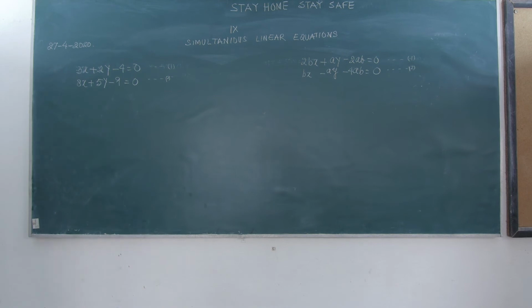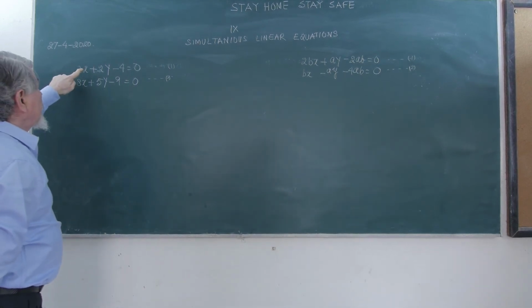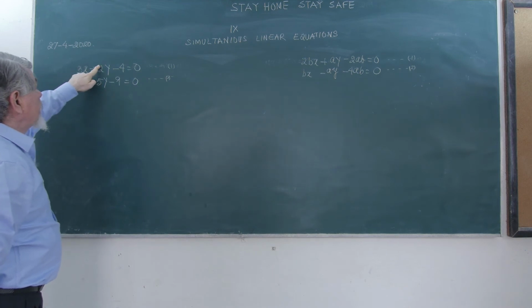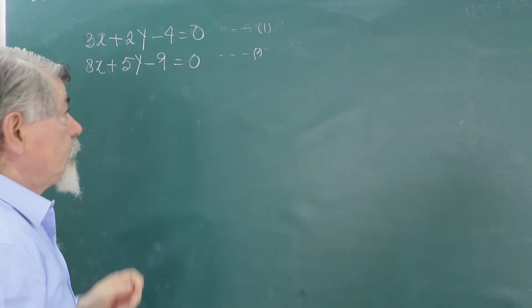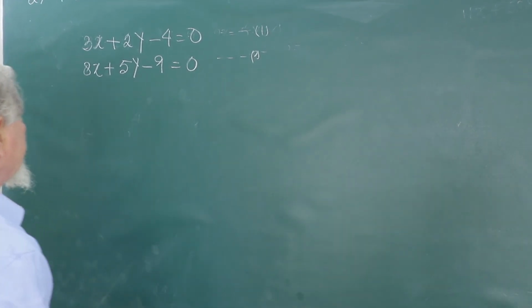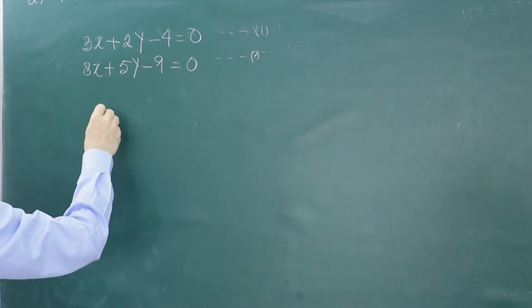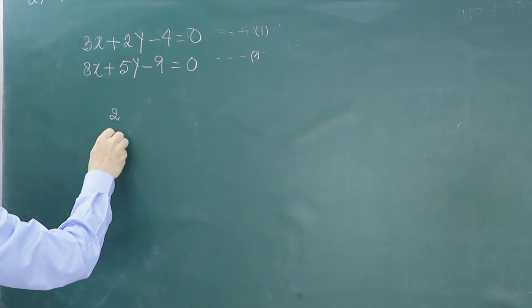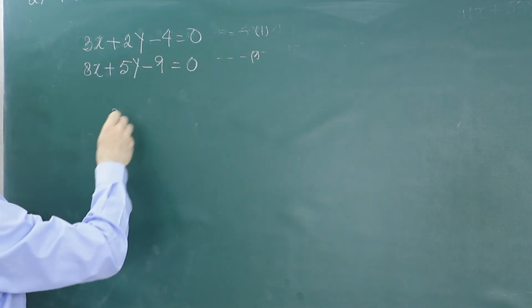Now I am going to do these two questions in simultaneous equations using the method of cross multiplication. I told you for cross multiplication the method was that first we write down the coefficient of y, like 2, 5. Then we write down the constant. We must bring all the terms to one side.